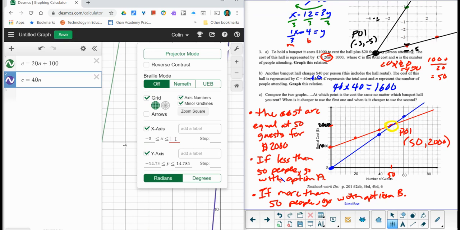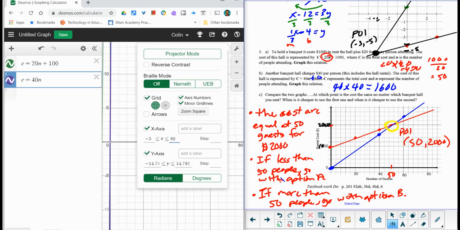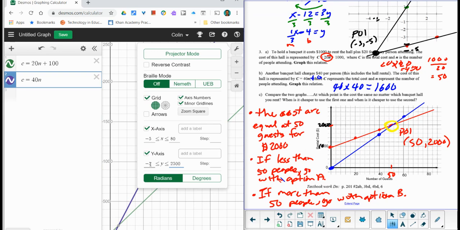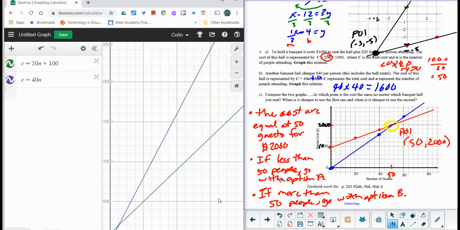Well, look at our rough estimate here. We went to 80 before. And then our y-axis, well, that one's the one that's really messed up because it's so stretched out. Again, -5. We need to go all the way up to, well, let's just give ourselves lots of room and say 22,500. And I think that should work.